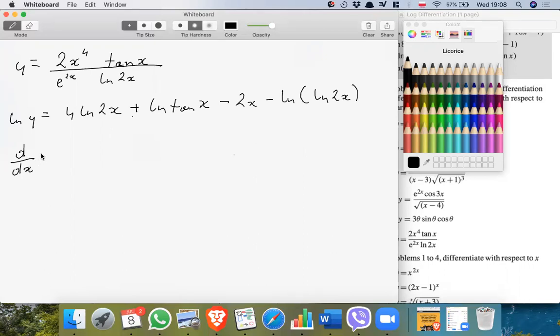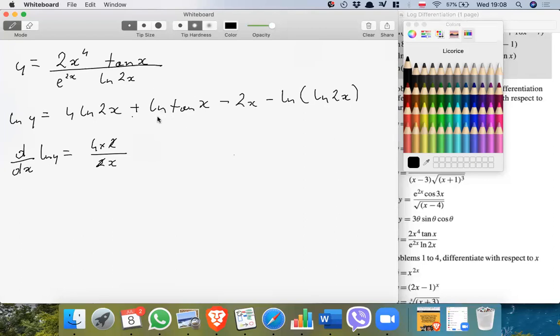d/dx of ln of y. So from the first one, the inner function is 2x, so that's 4 multiplied by 2 over 2x. So the 2's will cancel, and we're going to end up with 4 over x.